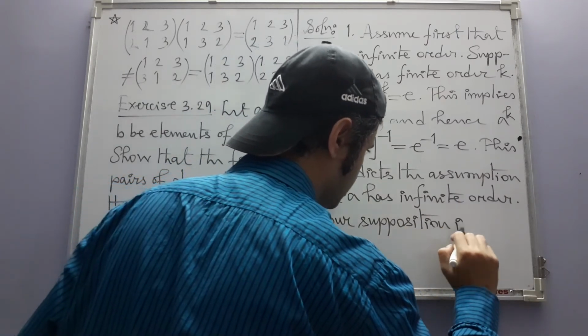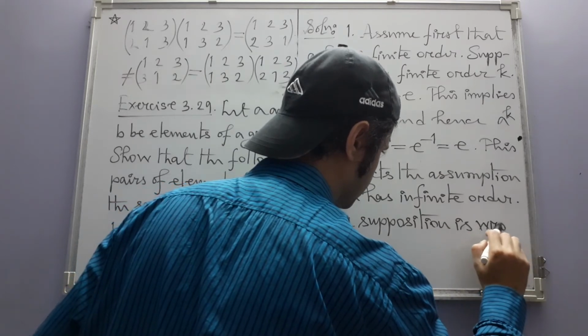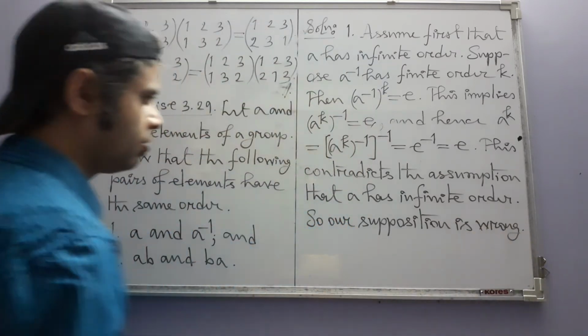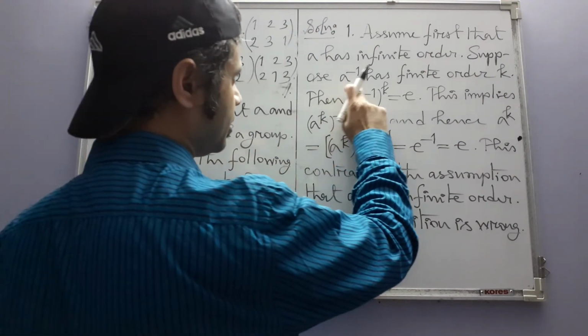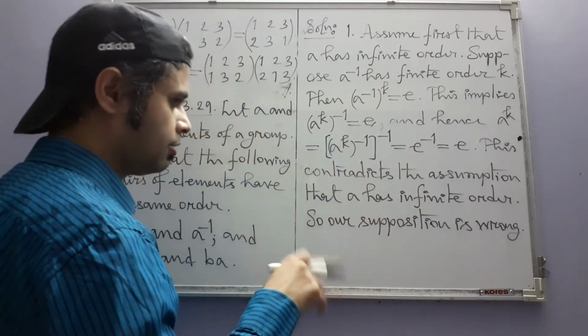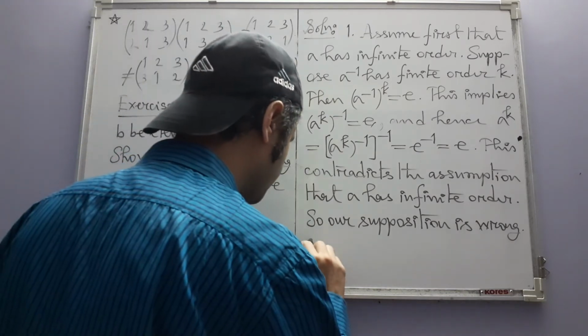So our supposition is wrong. And you don't need to write anything else. Supposition is wrong means A inverse cannot have finite order. It also must have infinite order.